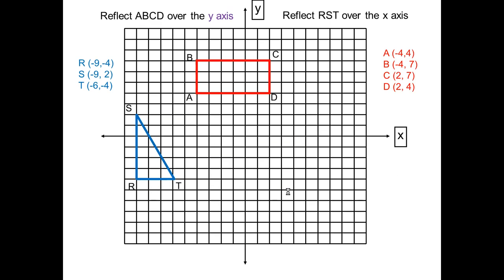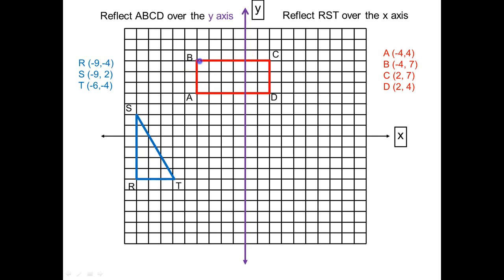So we're going to try 2 more. You may want to pause the video here and try on your own. So the first one we're going to do is reflect the rectangle ABCD over the y-axis. So I'm first of all going to highlight the y-axis so I remember what I'm flipping over. And then once again, remember, all you're having to do now is count.